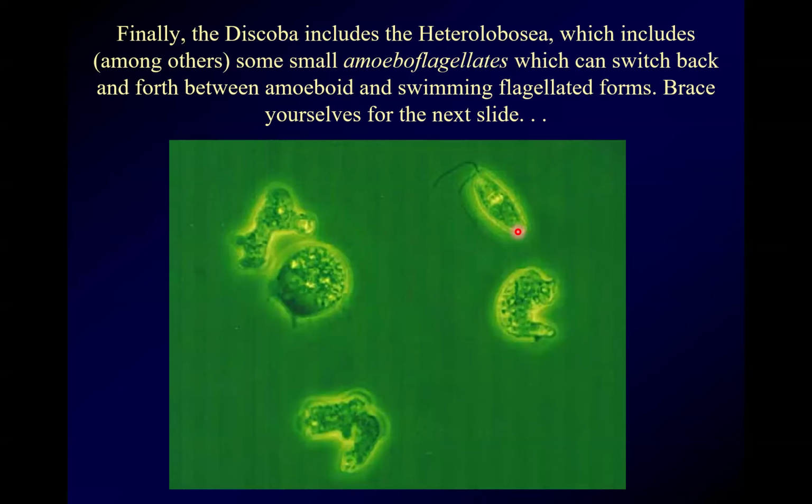And they can dry out, build a kind of cellulose wall around themselves, and just go into suspended animation for months at a time, and then come back to life if the water returns. So these are kind of neat because they can transform from a cyst stage to an amoeba stage to a flagellate stage and back.